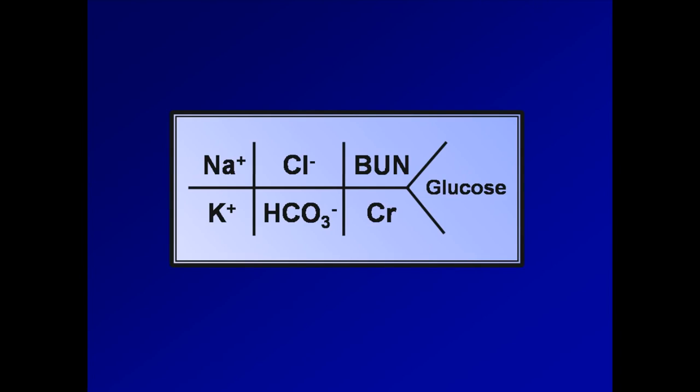This is the arrangement of values that has become standard convention, and I will use this notation frequently throughout the remaining lectures. I will also follow US convention regarding units, so sodium, potassium, chloride, and bicarbonate will all be in milliequivalents per liter, while the urea, which we inexplicably call the BUN, creatinine, and glucose will all be in milligrams per deciliter.